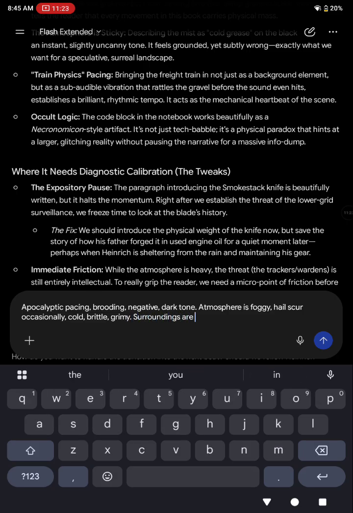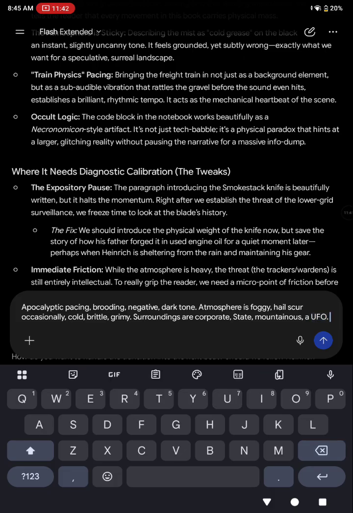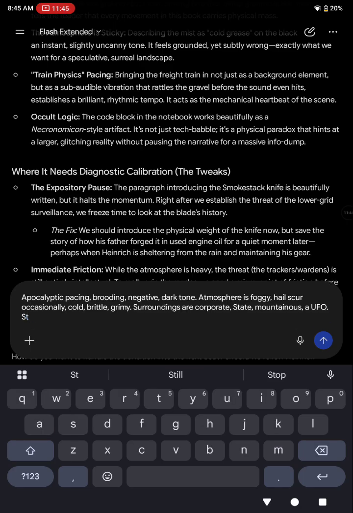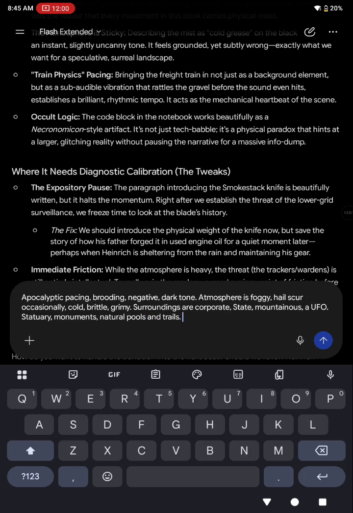Surroundings are corporate, state, mountainous, a UFO, statuary, monuments, natural pools and trails. That's something, I guess. I guess I have no idea what I'm doing.